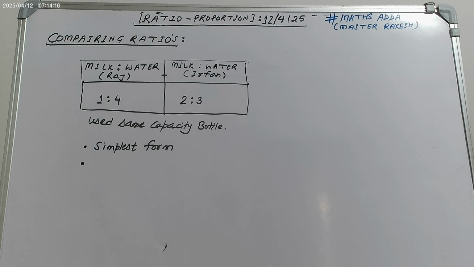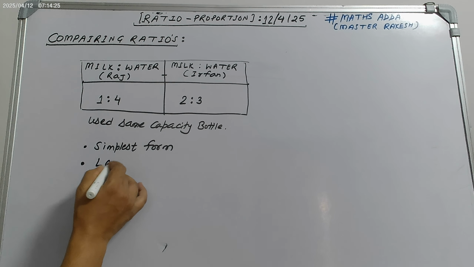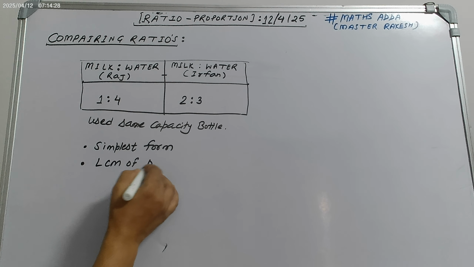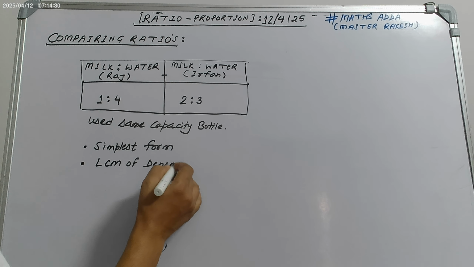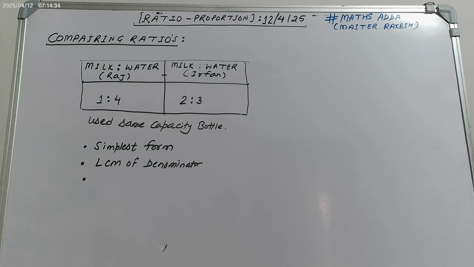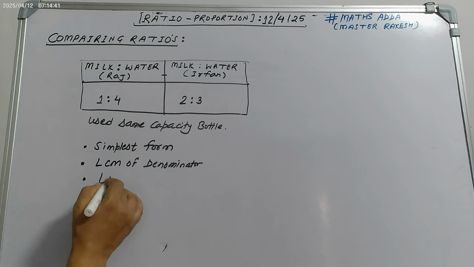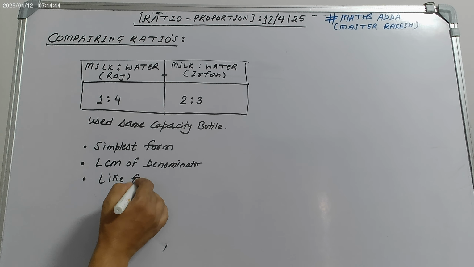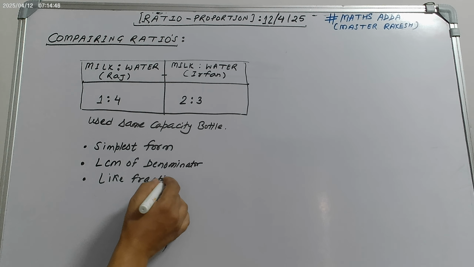Second, find the LCM of the denominators of the fractions. Third, convert those fractions into like fractions. These are the key things you have to remember.